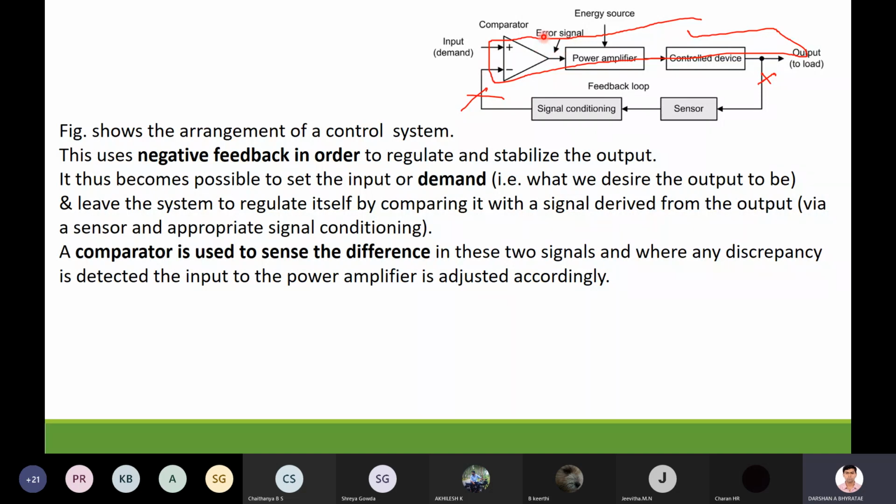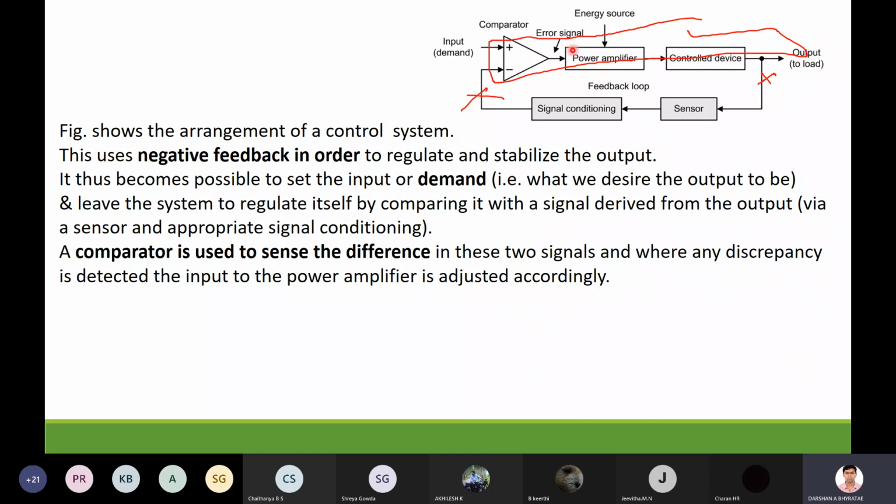What is the job of the comparator? It is going to compare the two signals. If there is any mismatch, it is going to give some output signal. That output signal I call the error signal here. The error signal is generated based on comparing my input signal with the output of my signal.